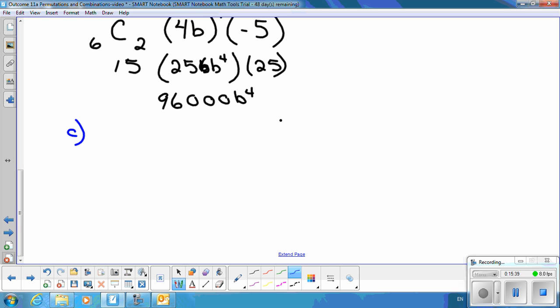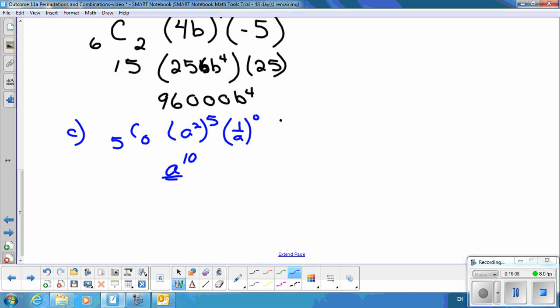So if we look at the first term in that expansion, it would be 5c0, a squared to the power of 5, 1 over a to the power of 0. And so the a squared to the power of 5 is a to the power of 10. 1 over a to the power of 0 is 1.